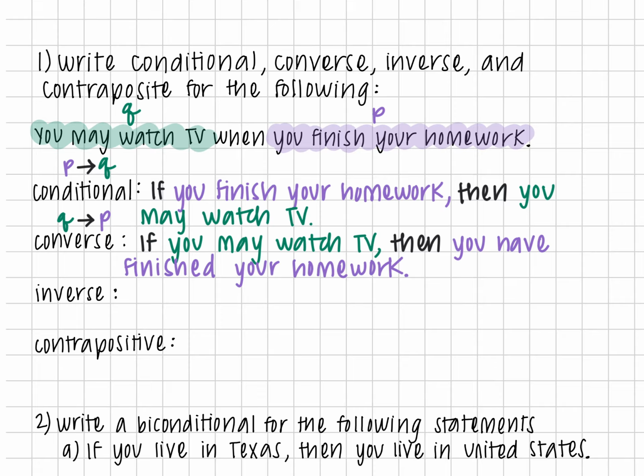Moving into my inverse. So when you are taking the inverse of a statement, you are going to negate the hypothesis and the conclusion, but the order shouldn't change. It should be the hypothesis still in the front with your if, your conclusion with your then. When you negate something, you are going to make it the opposite meaning.